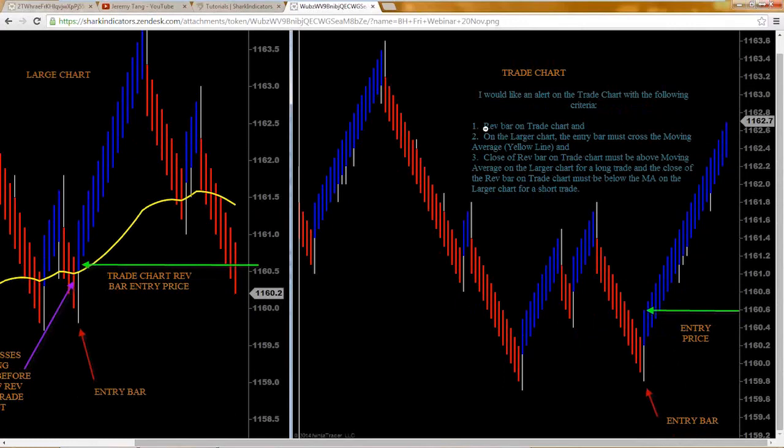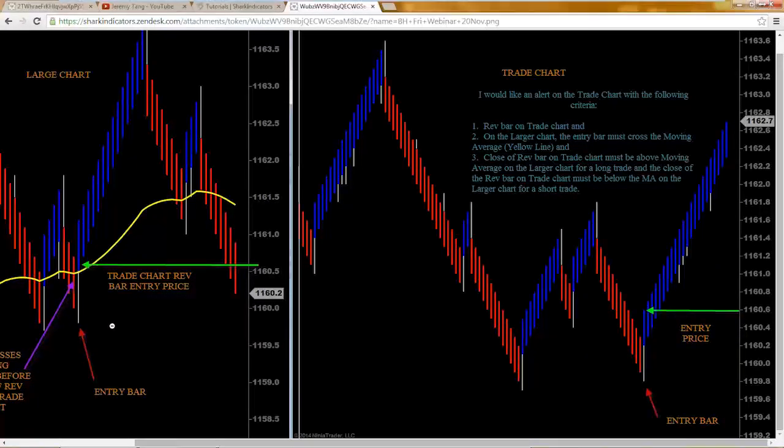Alright, so condition 1 is we actually want the signal on the reversal bar, so we're using these hybrid Renko bars. So we want the signal on the reversal bar. On the larger chart, the entry bar must cross the moving average.